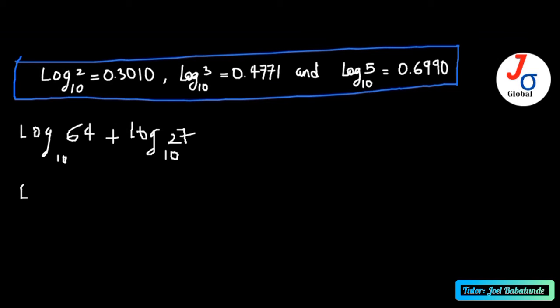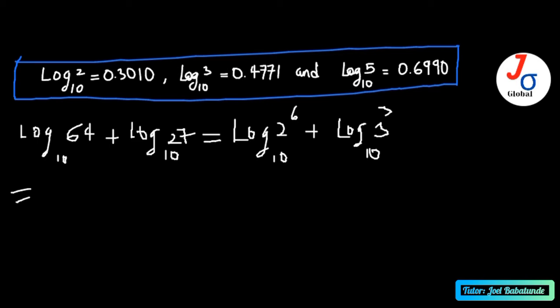So I'm going to write log 2 to the power of 6 base 10 plus, I know that 3 to the power of 3 is 27.